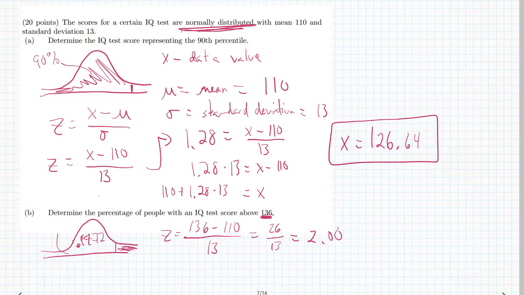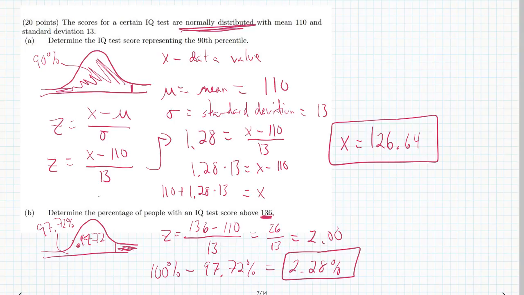Or another way to think of this, that's 97.72% to the left. So our final value would be 100% minus the 97.72%, because we want the area to the right, and the whole thing makes 100%. So that's 2.28%, and that's using our normal distribution stuff.